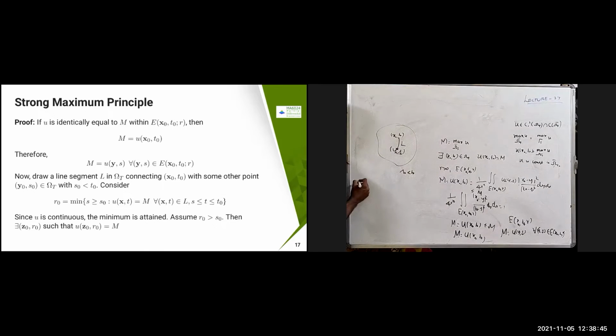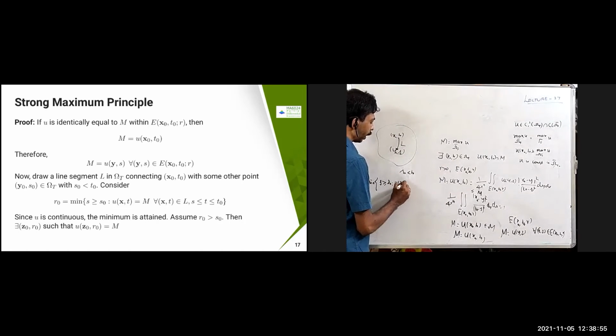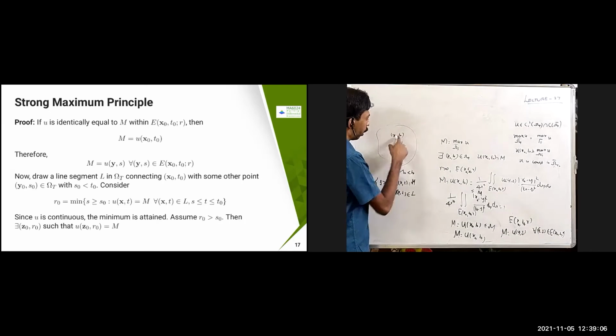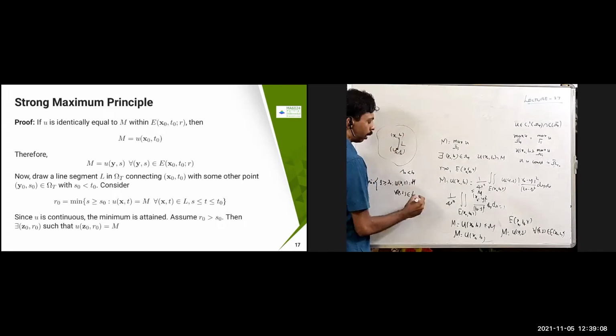Now we are going to consider r0. r0 is going to be the minimum of the set of all s, with s greater than or equal to s0, such that u(x, t) equals m for all (x, t) in L, not in omega t but in L only, such that s is less than or equal to t less than or equal to t0.